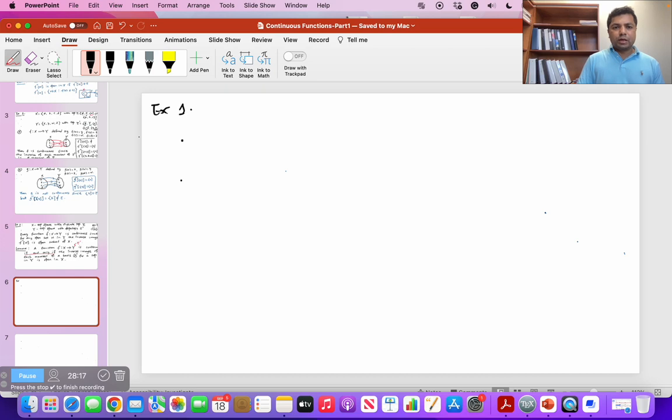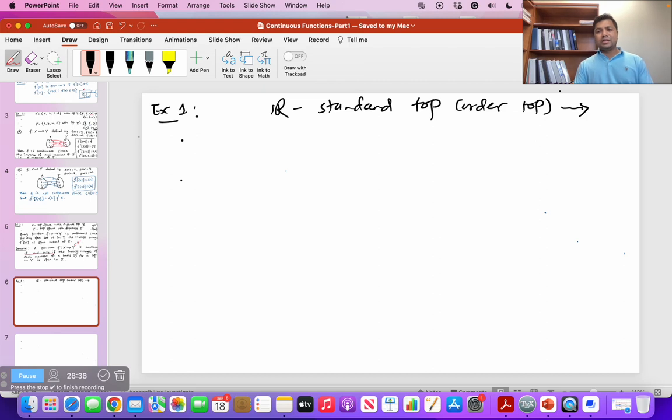Example number 1. Let's consider the set of real numbers with the standard topology, or order topology, and the basis elements for the standard topology on R are open intervals of this form.